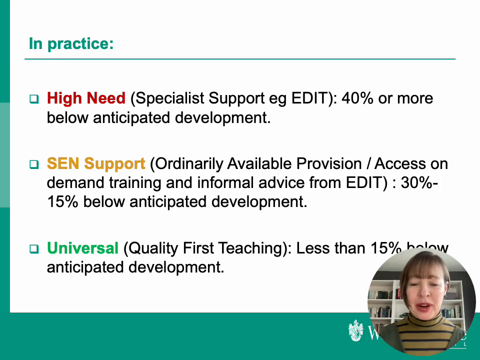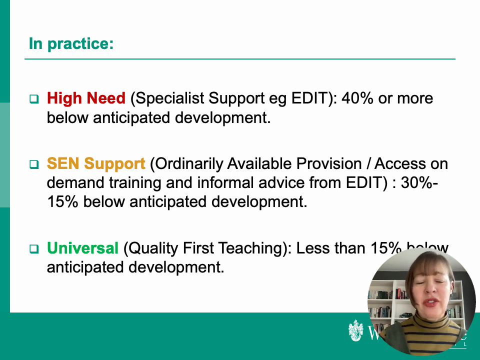But our experience so far of using the assessment tools and also the training, I've attended 2 sets of training now from Dingley's Promise, where high need is being suggested at about 40% below anticipated development. Whereas SEN support, which would be your ordinarily available provision, is coming out at 30 to 15% below anticipated development.